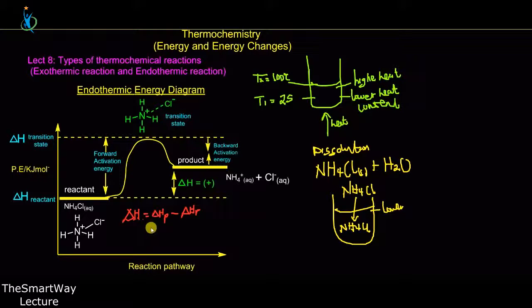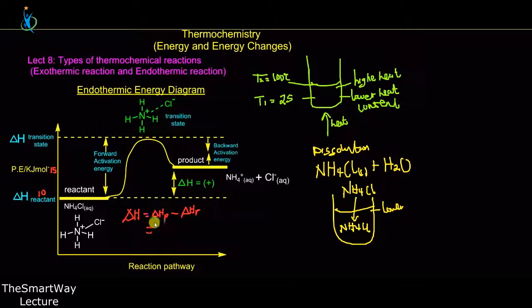So when you put in the values here, you can see that for the potential energy value, the reactant is lower as compared to the product. And so assuming, because it's lower, let me give it 10, and here let me give it 15.